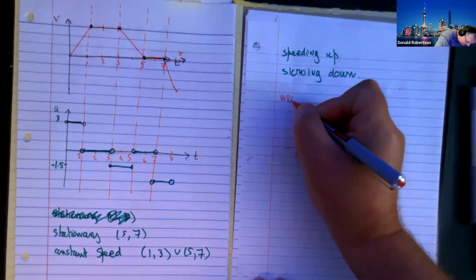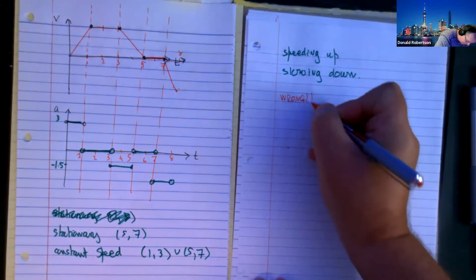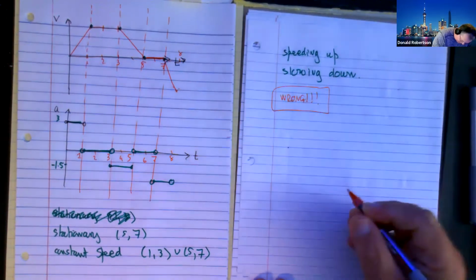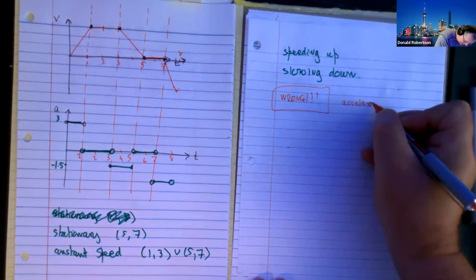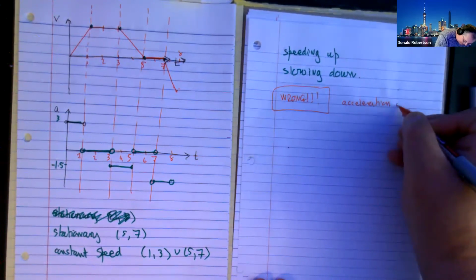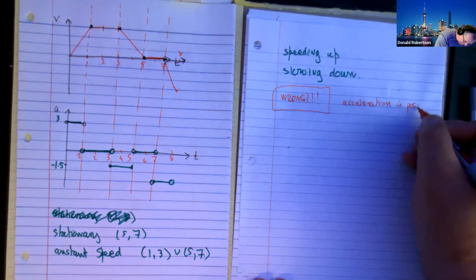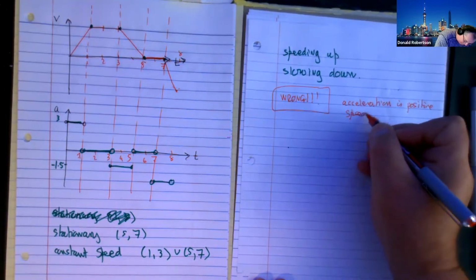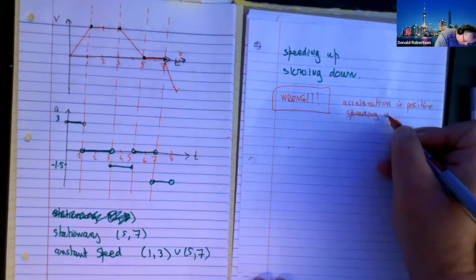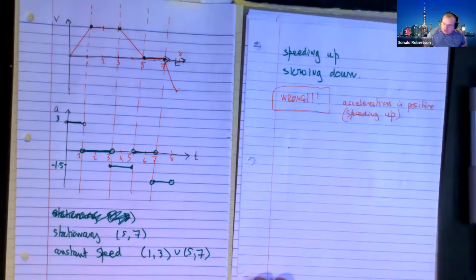So I'll put it down as wrong, or lots of exclamation marks. But people think if the acceleration is positive, then it's speeding up. And that is true, but not all the time. And they think if the acceleration is negative, then it's slowing down.